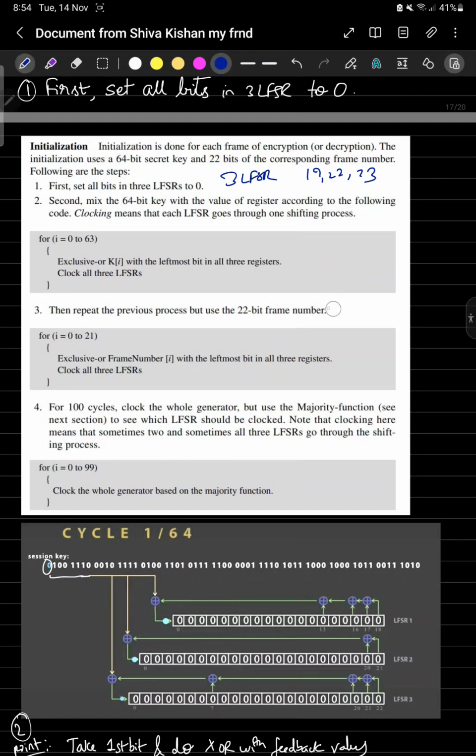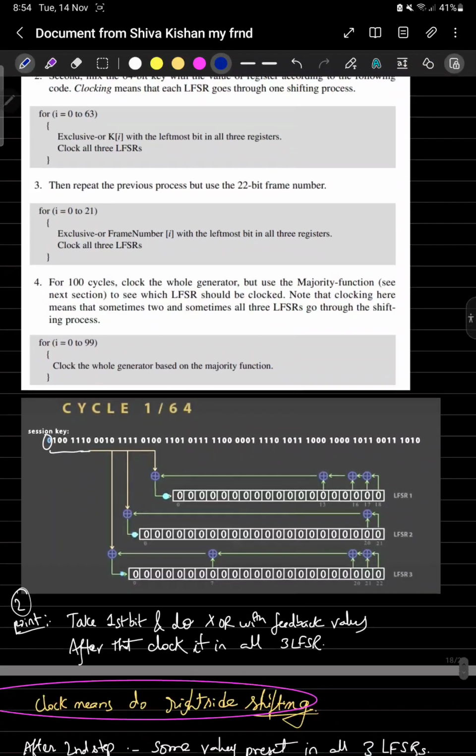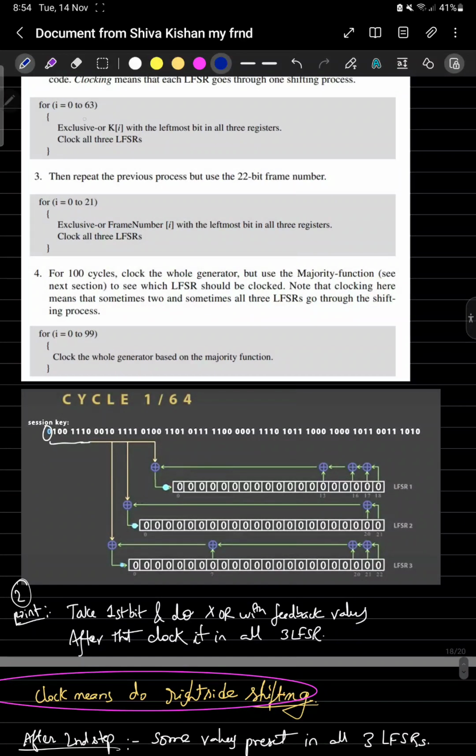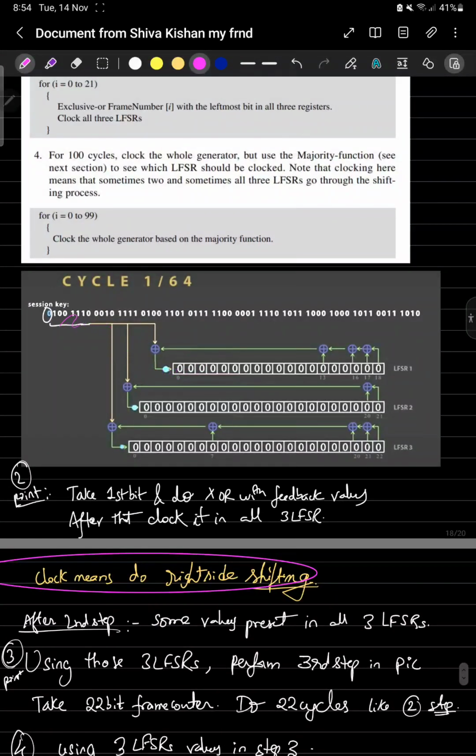After that we will iterate through the whole 64-bit session key. At the beginning we take this 0, and this 0 is XORed with the values coming from the feedback. So 0 XOR 0 is 0. Similarly 0, 0, 0.